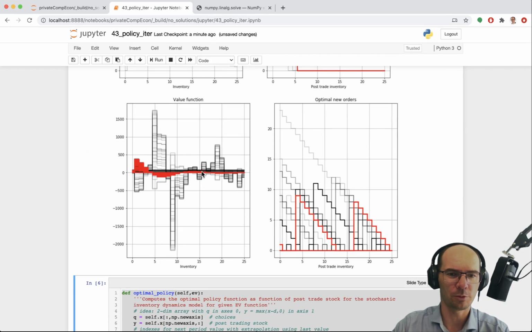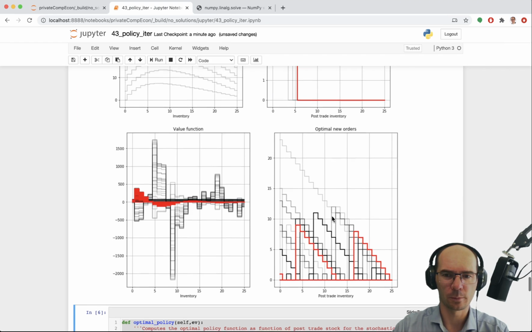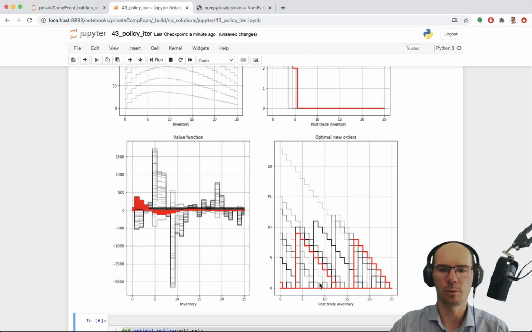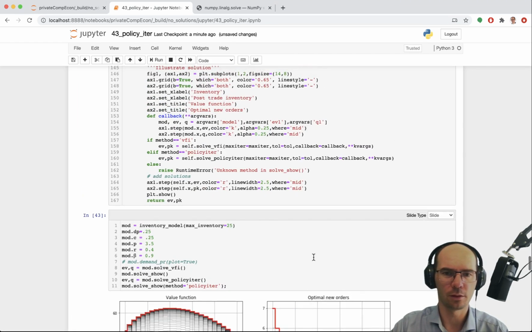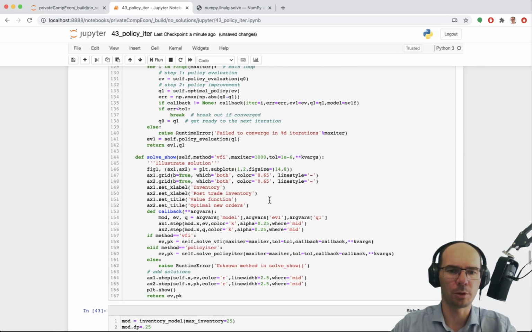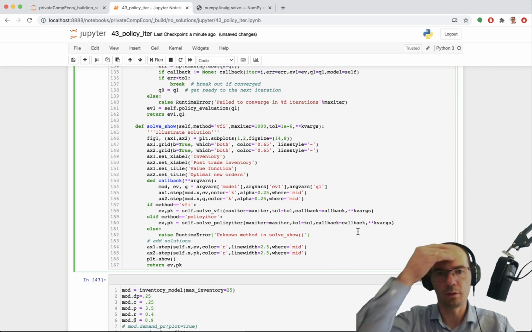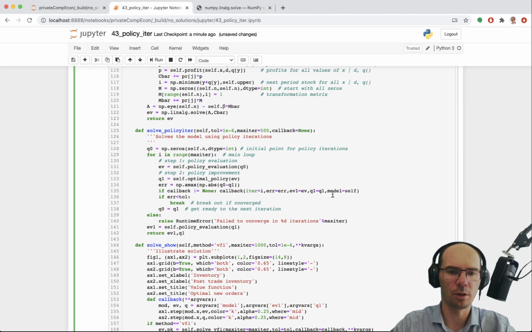But here it sort of fluctuates, which is very interesting. And also, why are there more red lines here than needed? There must be a problem with the shape.